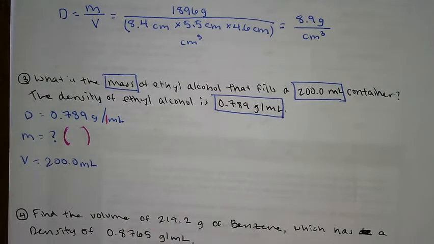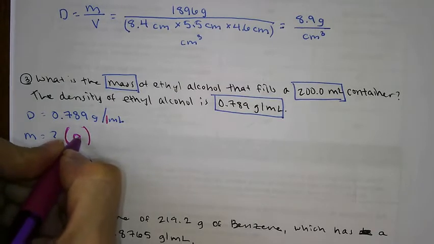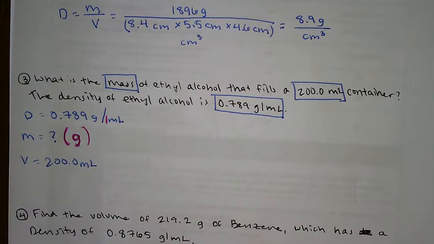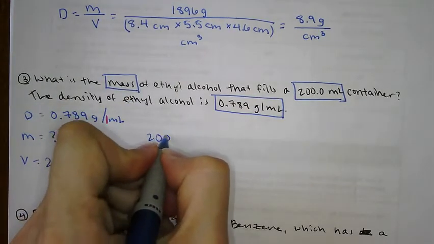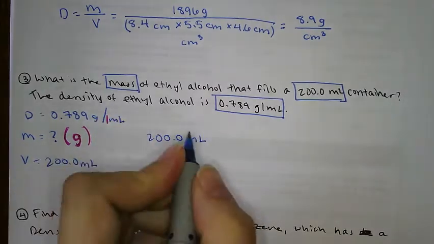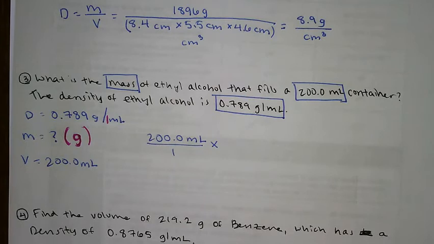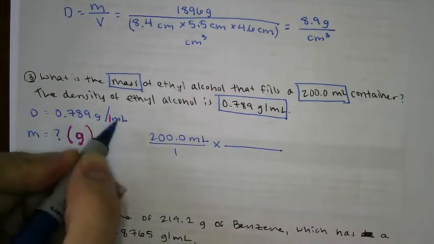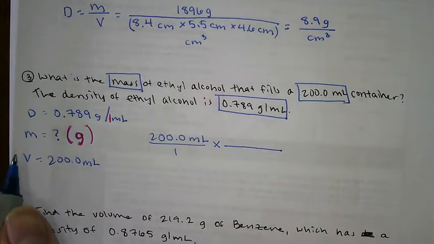When you are doing these problems, I think the best thing that you can do for yourself is have in mind the unit that you want to end up with when you are all done. If we are looking for mass, then the only unit that I want to have is grams. Okay, which means I need to get rid of everything else that isn't grams. So I'm going to start with my volume, which is 200 milliliters. Okay, and that's effectively just a fraction over 1. 200 milliliters is in the numerator. And I'm going to use my density as a conversion factor, where the goal is to get rid of milliliters and be left with grams.